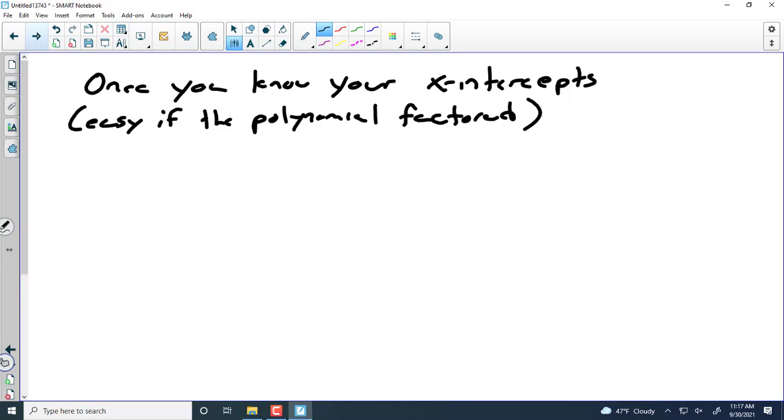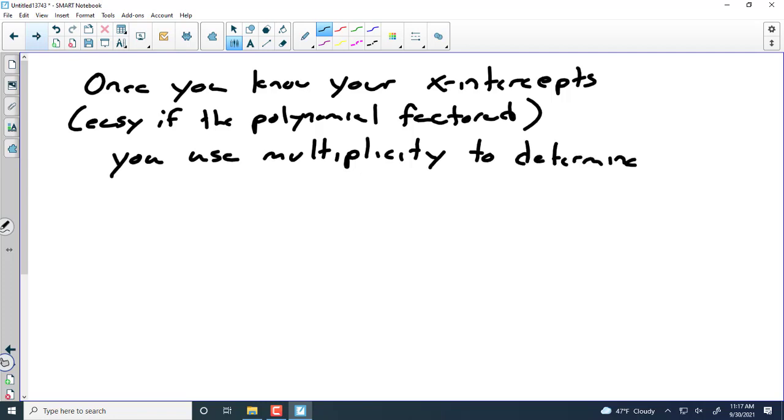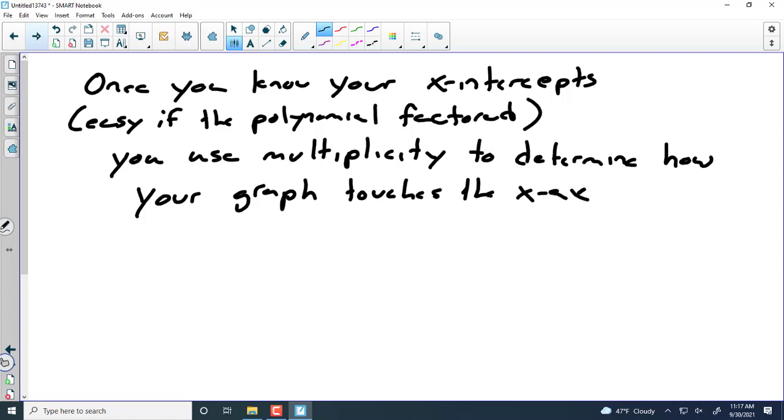Once you know your x-intercepts, you use multiplicity to determine how your graph touches the x-axis. So some people might say, Steve, what do you mean how the graph touches the x-axis?